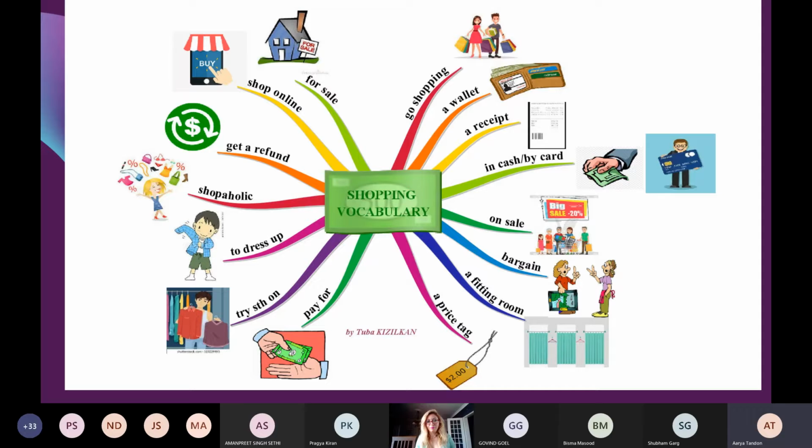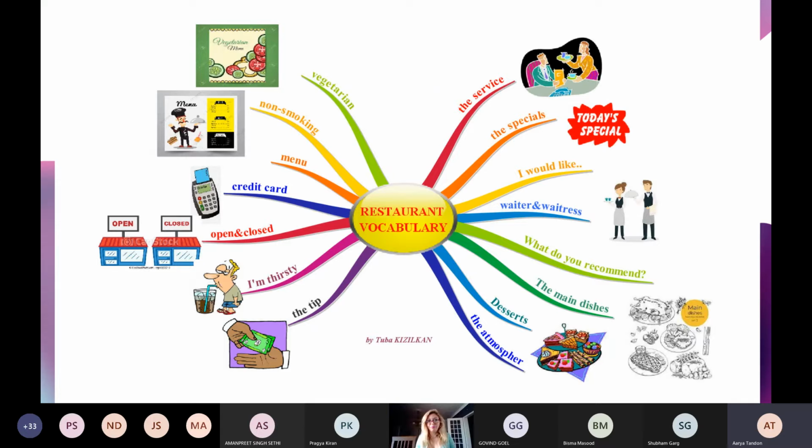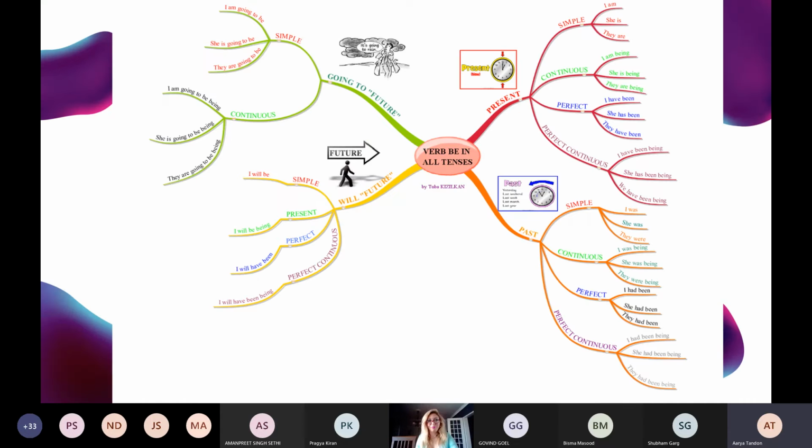Even now, if somebody asks me about anything regarding my 10th standard, I still remember it because of the mind map. As we all know, our brains are better at visualizing things, and our brain works in a way that if we see anything which is colorful or very interesting, we would remember it very easily. So if we read it and if we watch it, there is a difference.